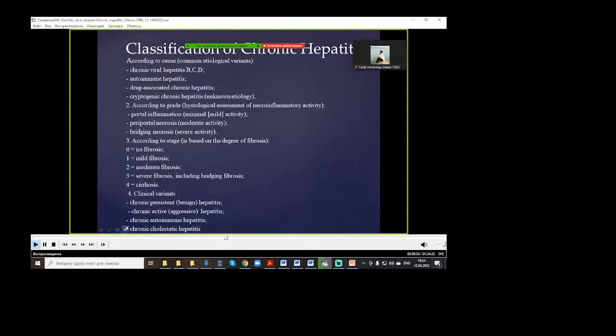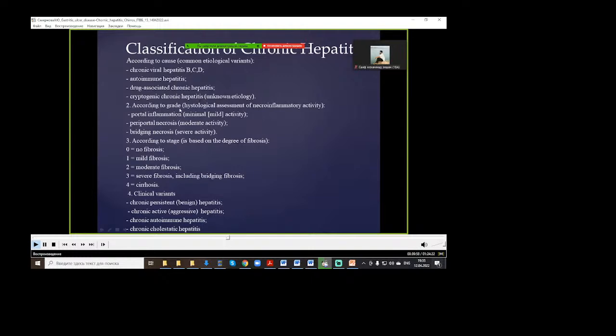Classification of chronic hepatitis. According to the cause, the most common etiological variants: chronic viral hepatitis B, C, D, autoimmune hepatitis, drug-associated chronic hepatitis, and cryptogenic chronic hepatitis.